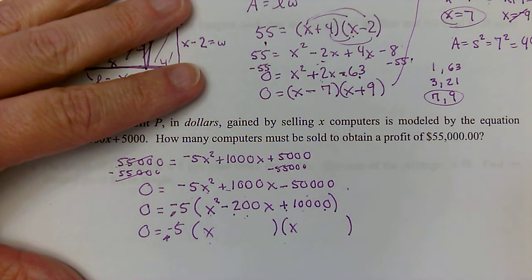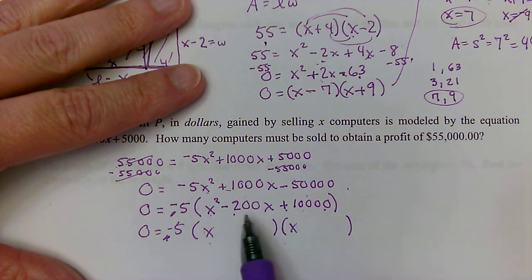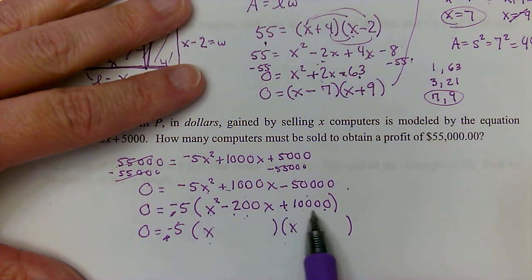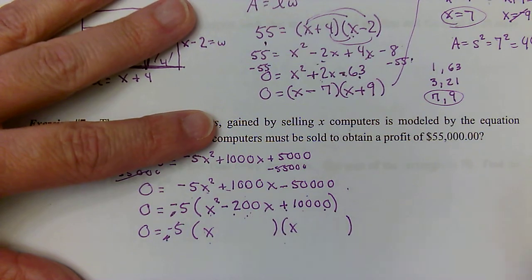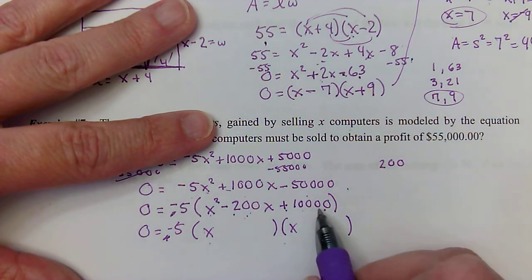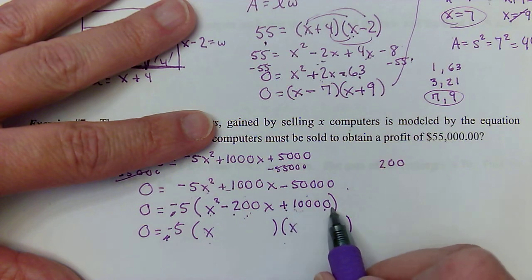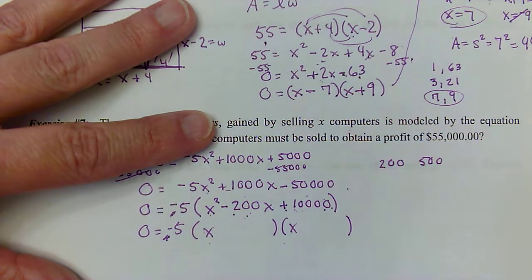Well, 10,000 has a whole lot of factor pairs. And I'm not going to start with 1 and 10,000 because if they're going to add up to 200, then the biggest factor can't be more than 200. So I'm going to start with 200 and work my way down. If I divide 10,000 by 200, I get 500.